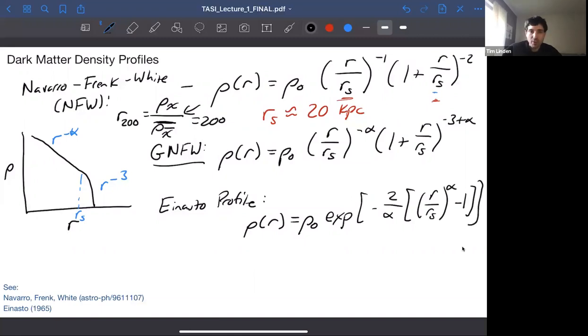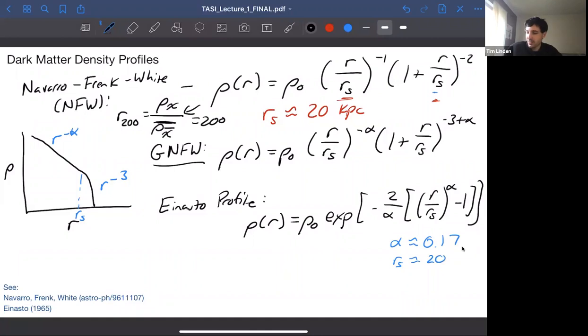That is a handful of brackets. Alpha here is very constrained for a Milky Way-like galaxy to be about 0.17, and rs, I think, is also around 20, but don't quote me on that.